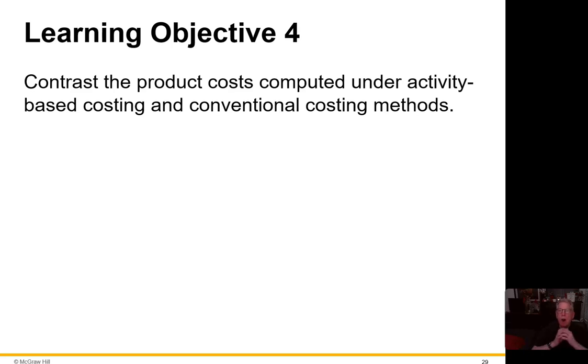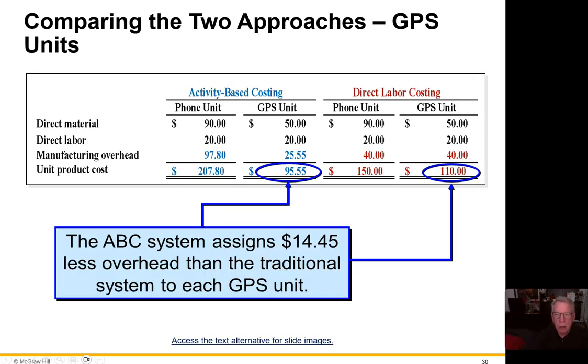So if we contrast the product costs computed under activity-based and conventional costing methods, here is a summary of what we just went through. And here is the $207.80 and the $95.55.